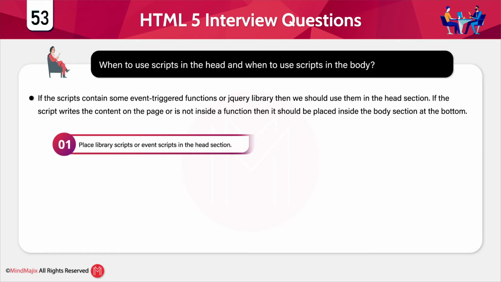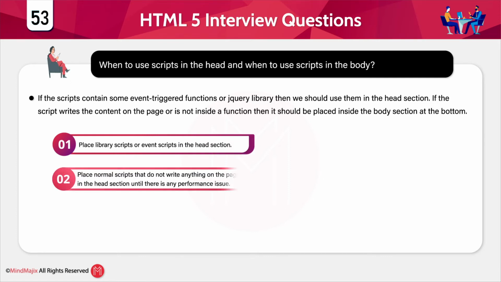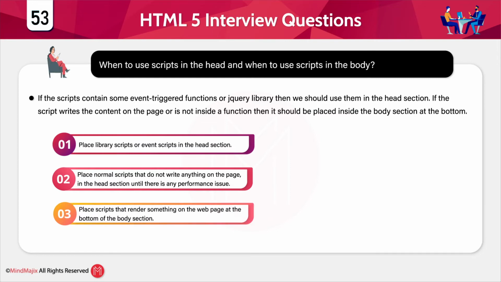Place library scripts or event scripts in the head section. Place normal scripts that do not write anything on the web page in the head section unless there is a performance issue. Place scripts that render something on the web page at the bottom of the body section.